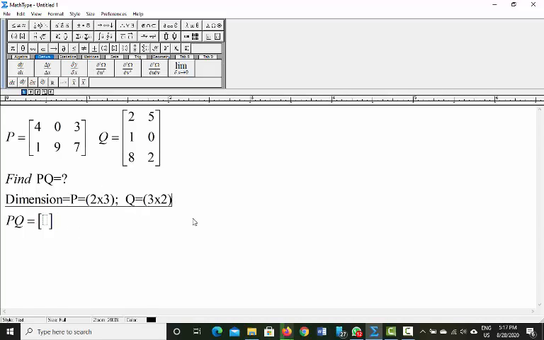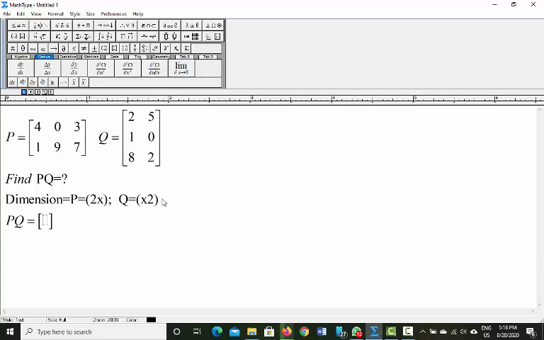Before you multiply, you must know the dimension of the resulting matrix as well. Since the number of columns in the first matrix should match the number of rows in the second matrix to multiply P and Q, after you multiply, these two will no longer be there.